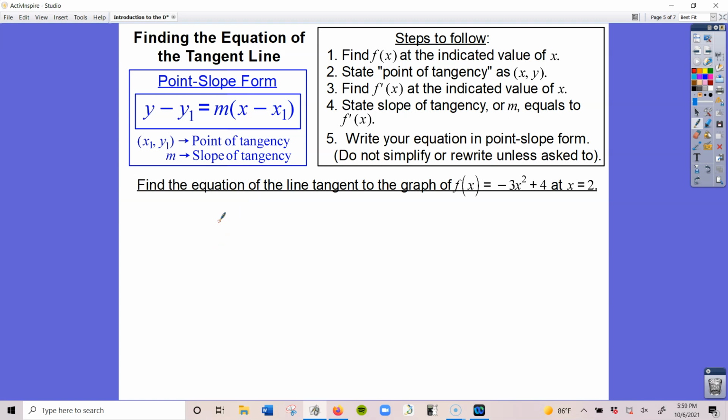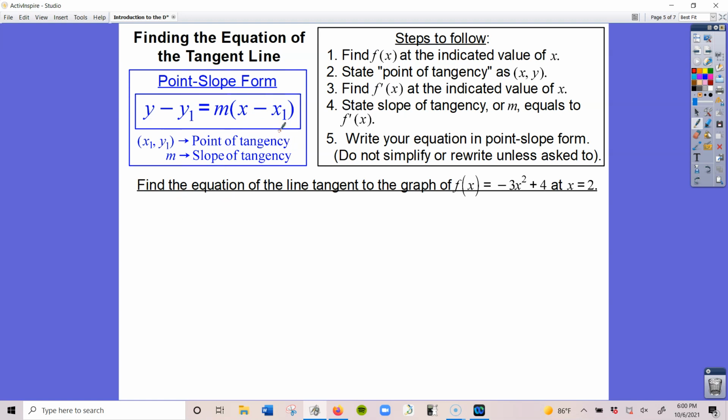Now, we know equations of lines as either y equals mx plus b, or the point slope form, which is y minus y1 equals m times (x minus x1). We don't really use y equals mx plus b because to solve for the y-intercept, we would need to first get it in the point slope form. So what we're going to do is write our equations in point slope form only.